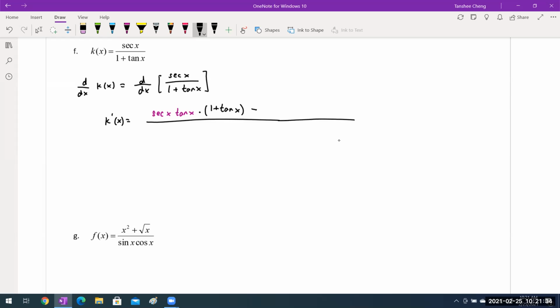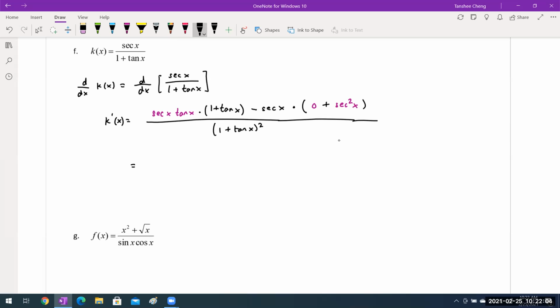minus the numerator times the derivative of the denominator, which in this case, the derivative of 1 is 0 plus the derivative of tangent is secant square x. And then all over 1 plus tangent x quantity squared.